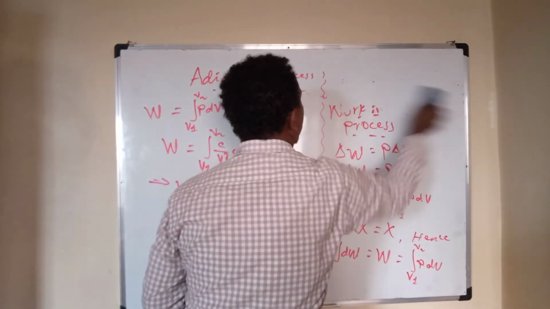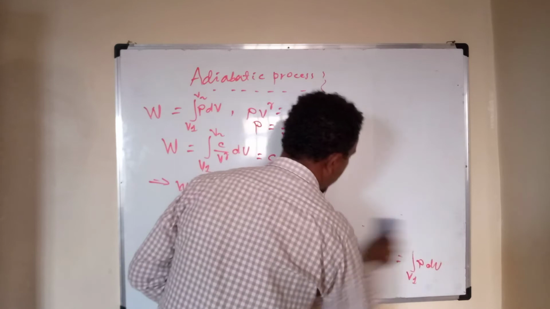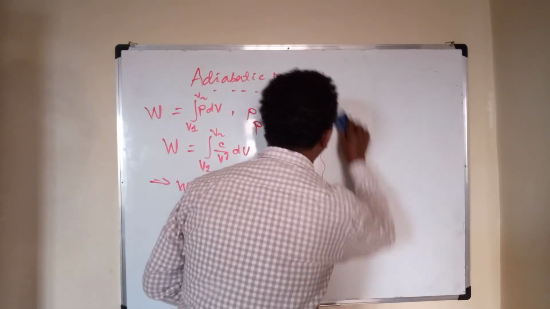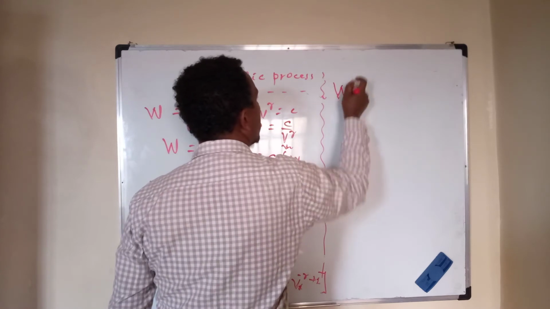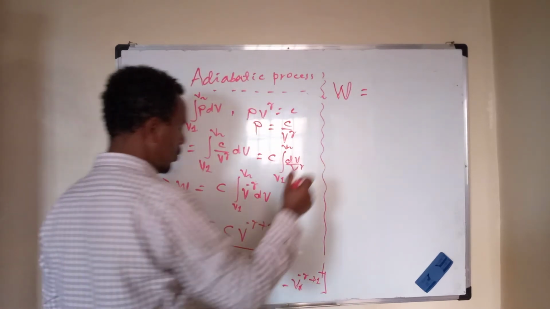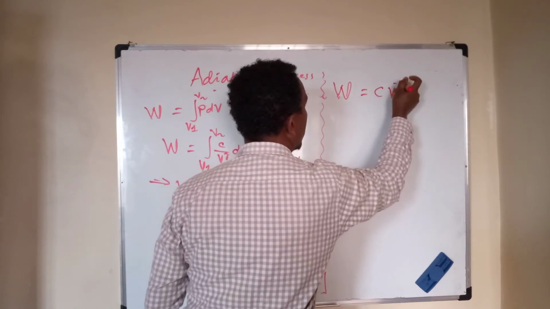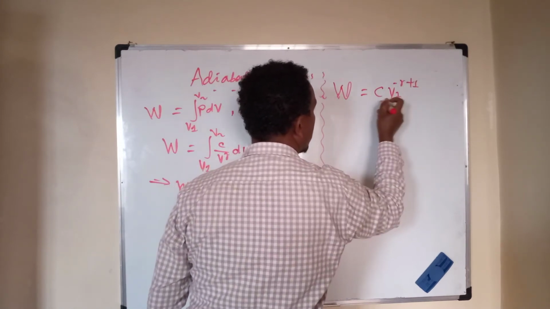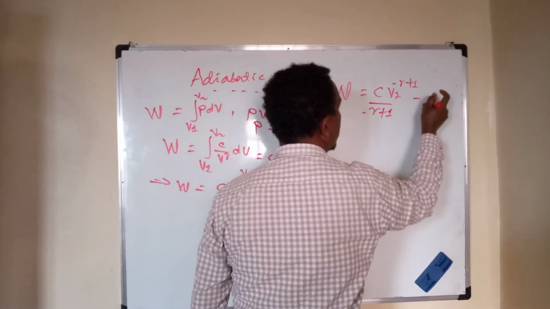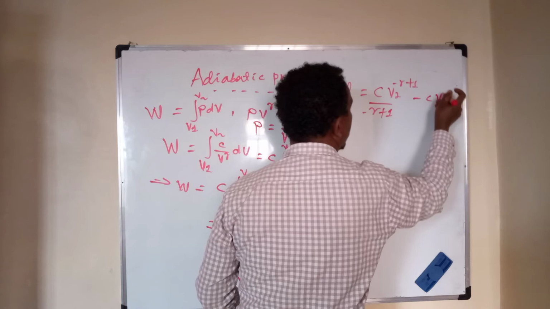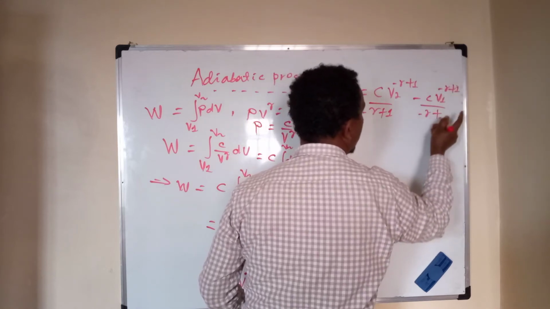Now, work done in adiabatic process is given as W equals C V2 raised to minus gamma plus 1 over minus gamma plus 1, minus C V1 raised to minus gamma plus 1 over minus gamma plus 1.